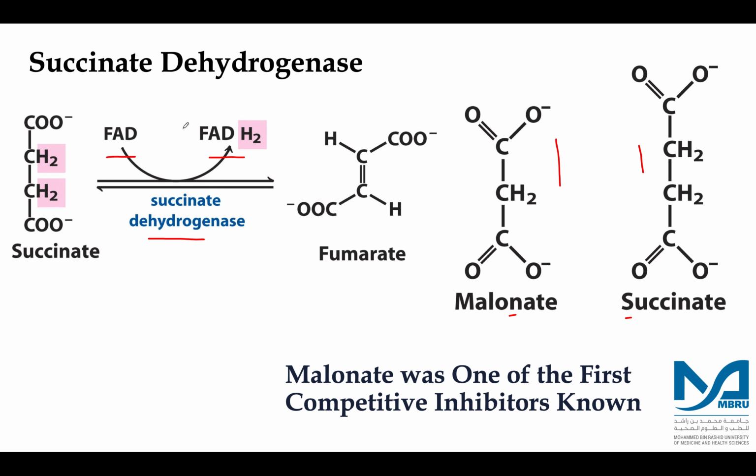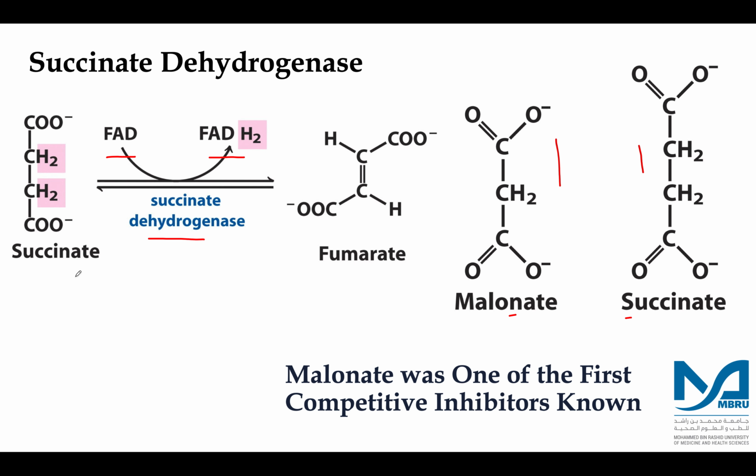And that's the reason sometimes questions are asked on this step related to enzyme inhibition. So, which of the following molecules will exhibit competitive inhibition towards succinate dehydrogenase? And you will be given the chemical structures of the molecules.